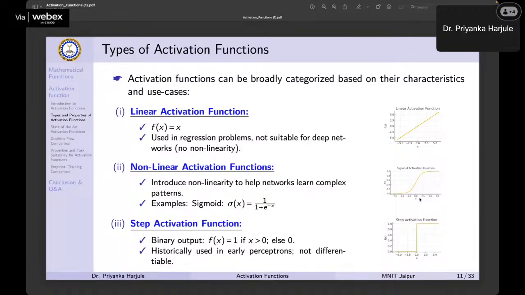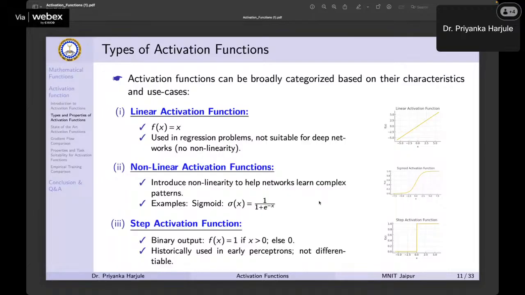Step activation function, again it behaves in a binary output format, and historically it was used in early perceptrons. The limitation of this step activation function is that it is not differentiable, so the back propagation doesn't work and you cannot compute the gradients. So it is not suitable for the modern deep learning.